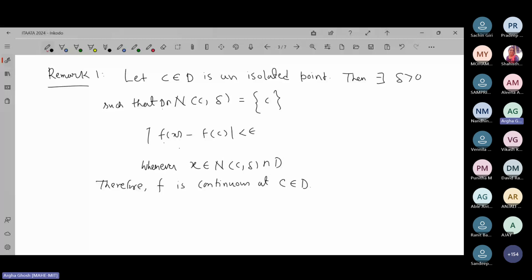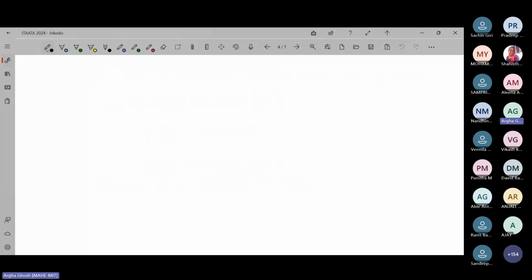Now next, let's say c is a limit point. So remark 2: let c belong to D intersection D dash, so it's in the derived set. It's a limit point of the set D. Then this is an equivalence, you can prove this statement.